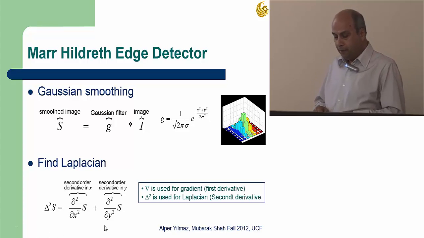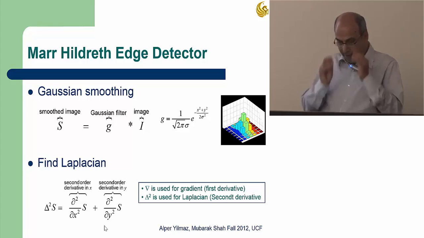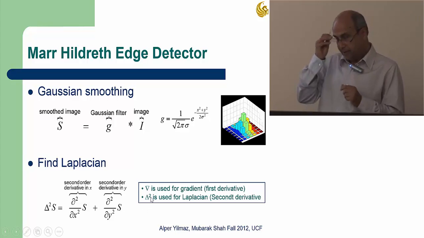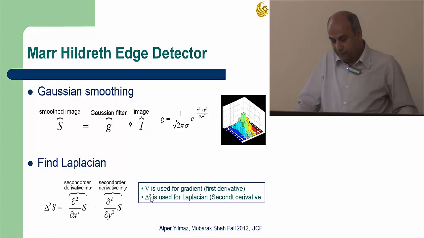Now you want to be careful with these symbols. If you have this triangle upside down, it's called gradient, but if it is upside up, with a square, then it is the Laplacian. So these are the symbols mathematicians have used, and we are going to use those, so don't get confused.